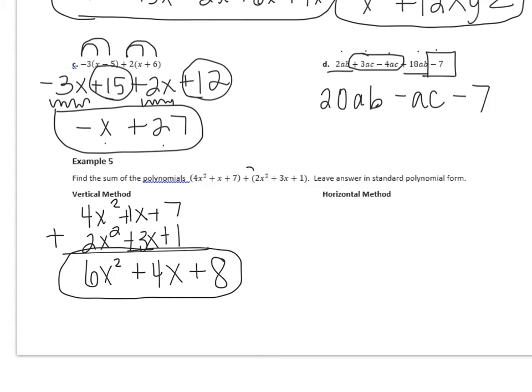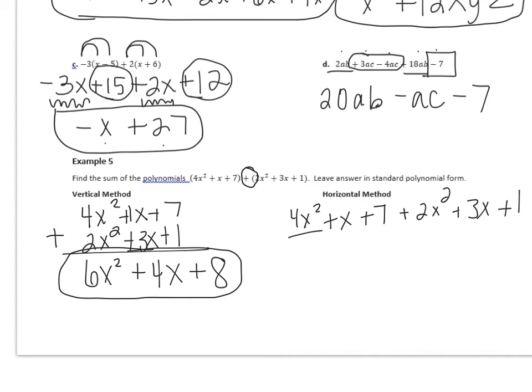Now when you look between your two polynomials and you see a plus sign, you don't have to worry about those parentheses. You can just drop them. You got 4x squared plus 1x plus 7. You are adding a positive 2x squared, a positive 3x, and a positive 1. Now combine like terms.